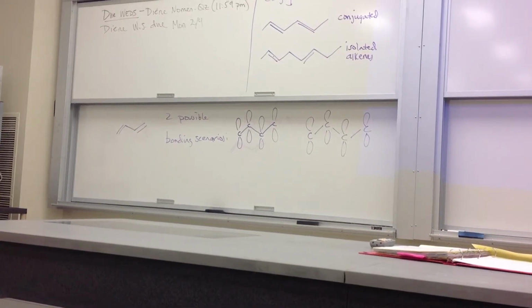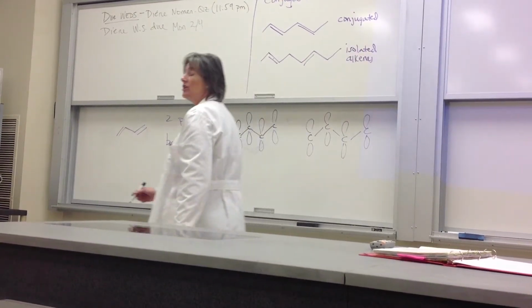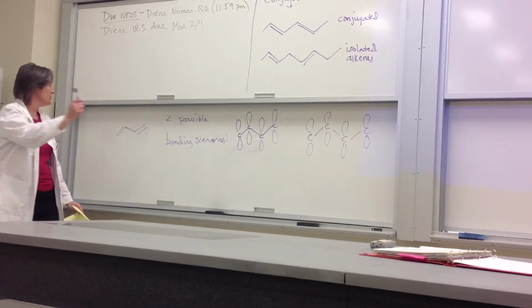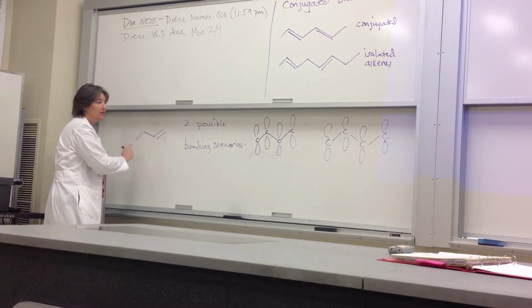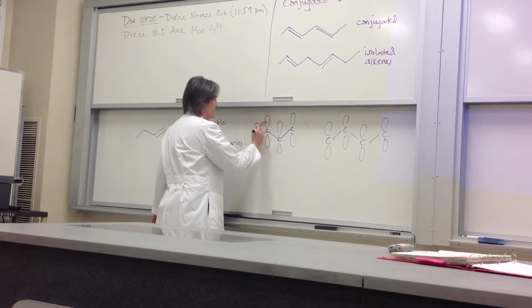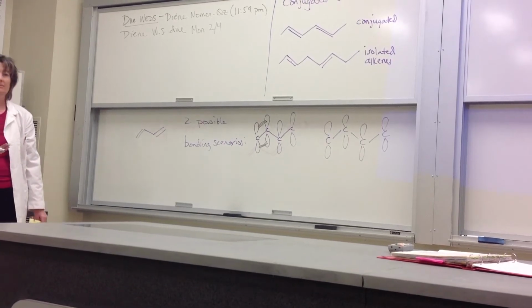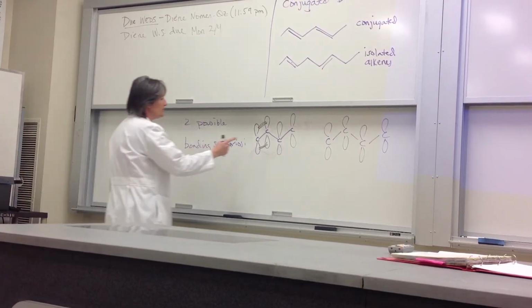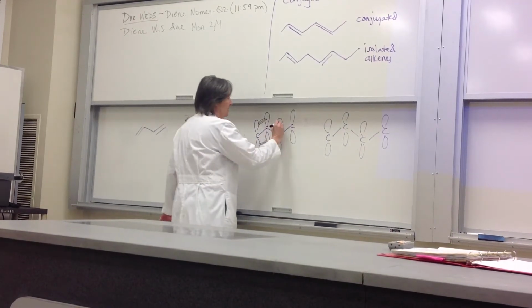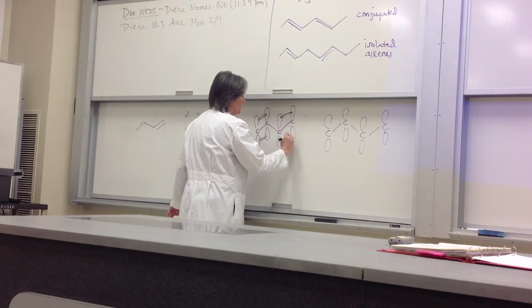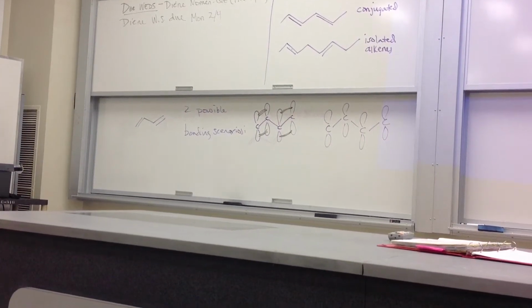Now the first picture, we're going to treat the molecule just like it looks. So we draw it like this, and I'm going to say, okay, fine. I've got a pi bond right here. So I'm going to have overlap here and here. There's my pi bond. Then it's a single bond. So single bond, I'm not going to have any p orbital overlap there because there's no pi bond there. Then to the end, I have like that. That is just like the picture looks right there.